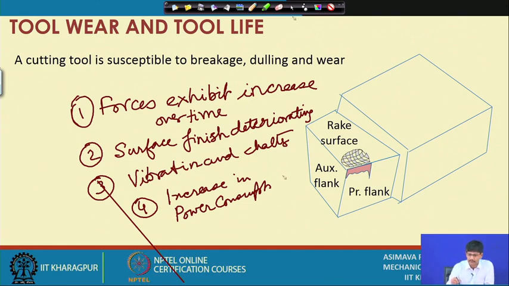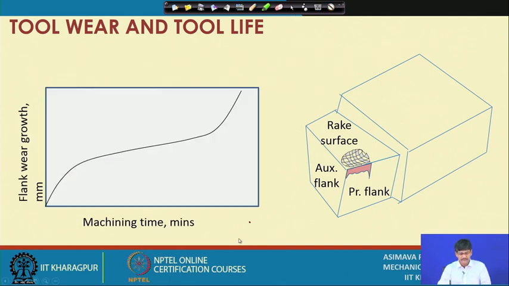So, let us have a look. Yes, generally we are more interested in this flank wear growth. Flank wear growth has a limit after which we generally do not use these turning tools. I mean for that matter all tools, but we are keeping our discussion restricted for the time being to turning tools now.